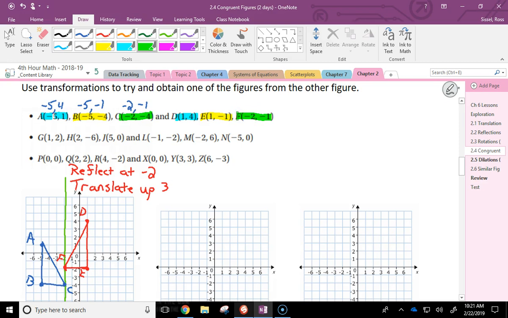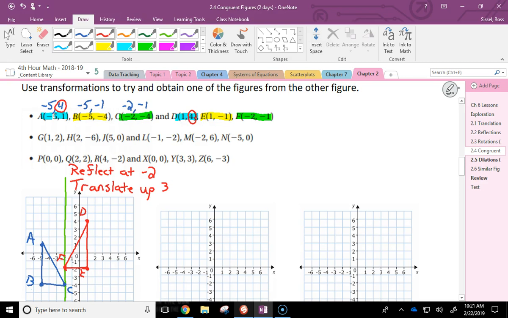The first thing is if I translate it up, here would have been my points. Now when I do my reflection, that first day we did reflections, we did them right on the y or x axis. And we said, if I reflected on the y axis, my y stayed the same, my x flipped. Well, I'm still doing that. I'm using a y-axis, so my y would be staying the same, which, if we look here, the 4 stayed the same, the 4 stayed the same.